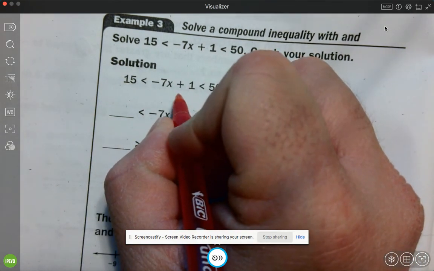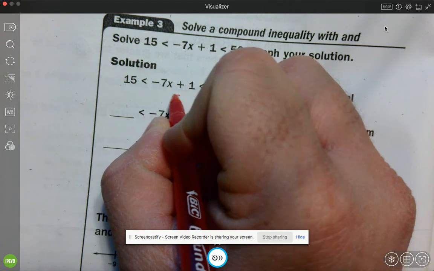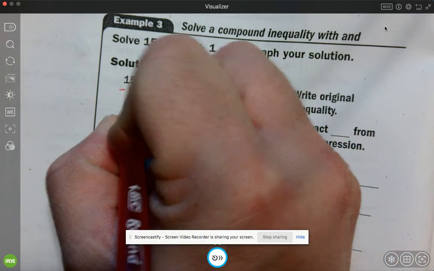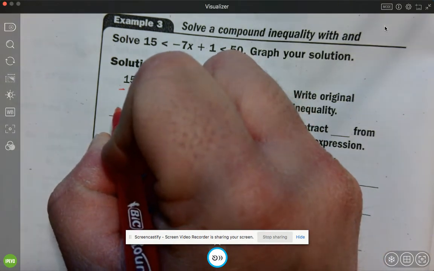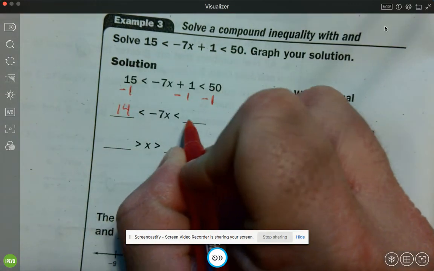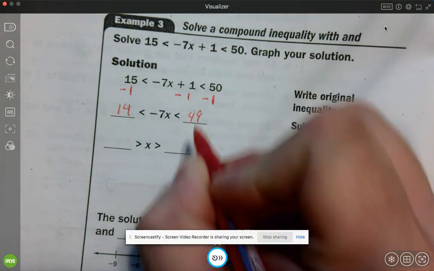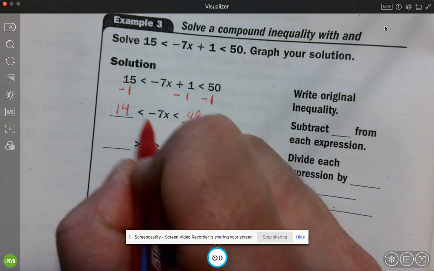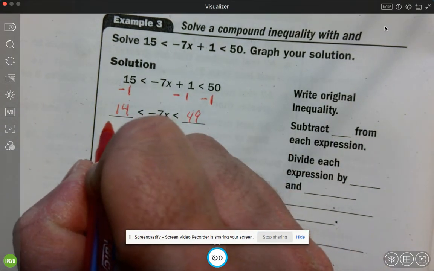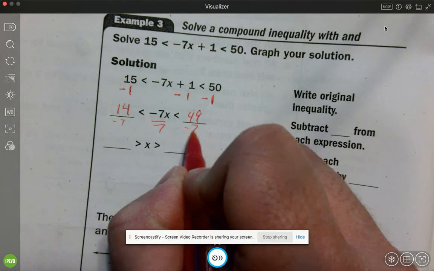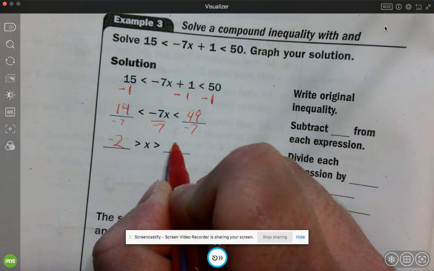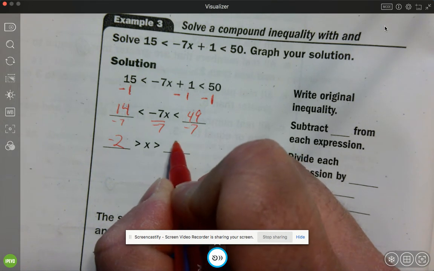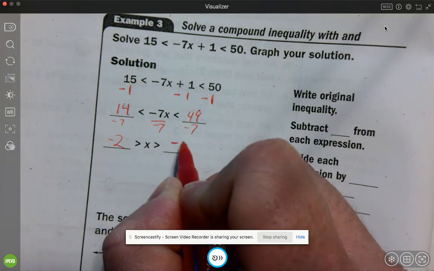Two steps here. We subtract 1 from each part, and you're left with -14 on one side and 49 on the other. Aha! We divide everything by -7, and you're left with -2 on one side, and on the other side it's going to be -7.